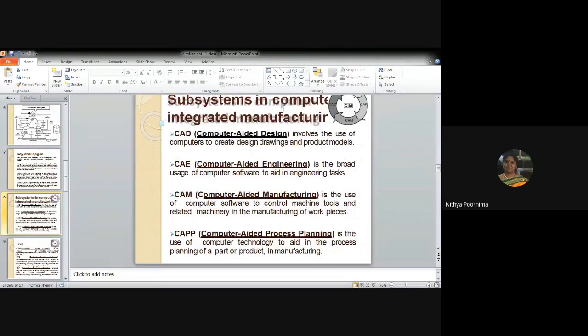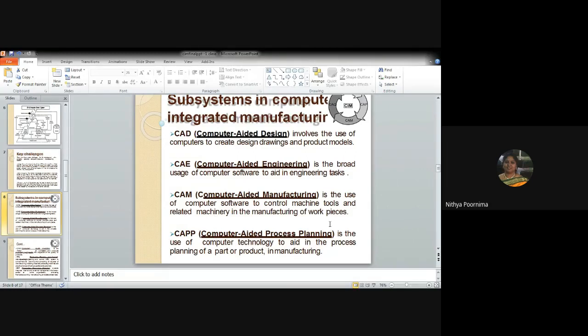Then the subsystems of CIM are CAD, as I said, computer aided engineering drawing, basically software that is used to do the designing task. Then you have computer aided manufacturing, computer software to control machine tools and related machinery. CAPP, computer aided process planning.